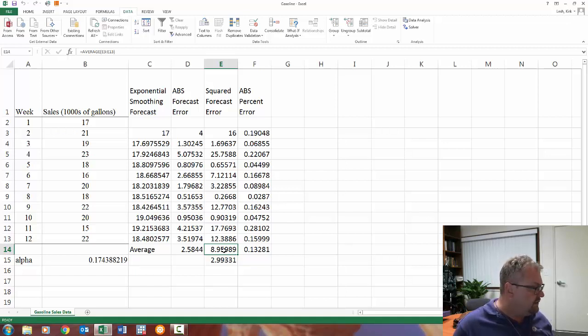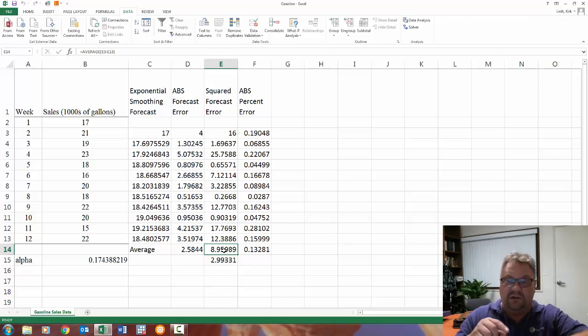Okay, well, that's it for this week. So we've gotten through sections 5.1, 2, and 3. These are some basic forecasting methods that you can use when you have stationary time series data. Again, I want to stress that, because the whole point of graphing everything was to see if your time series was stationary, right?